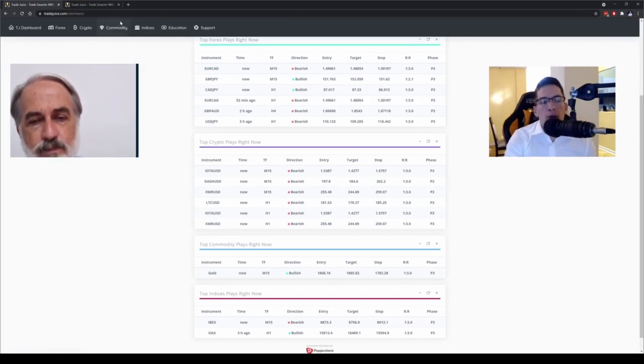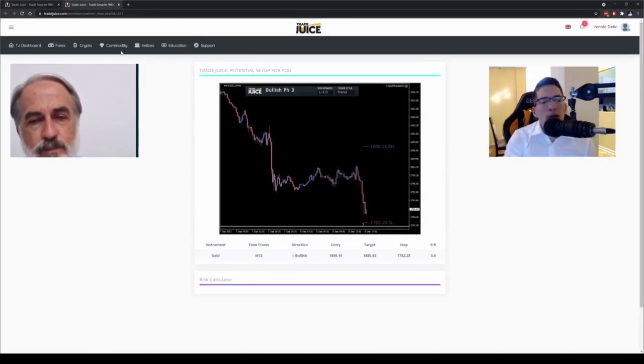Trade will be triggered, stop loss is set here, and my take profit target up here. I'll be back to monitor this for you.